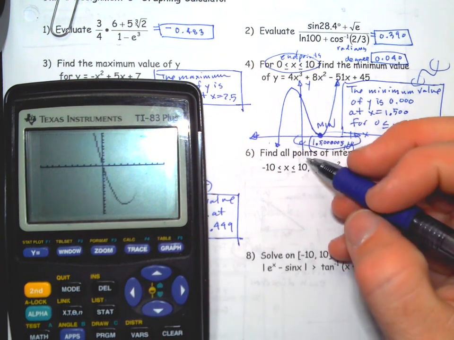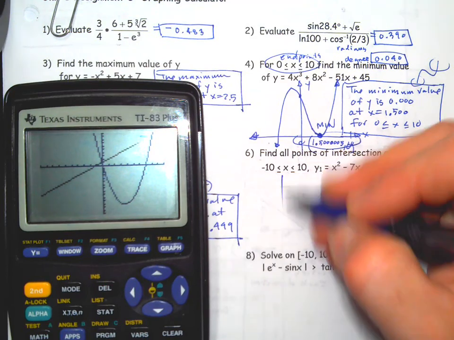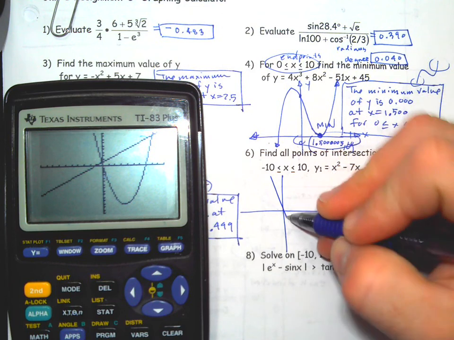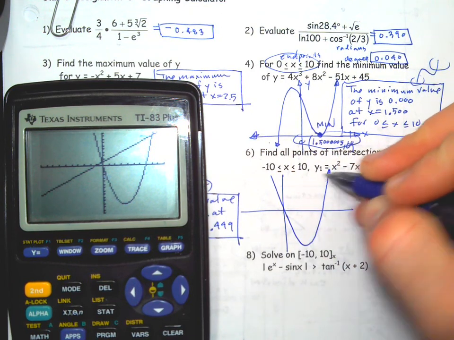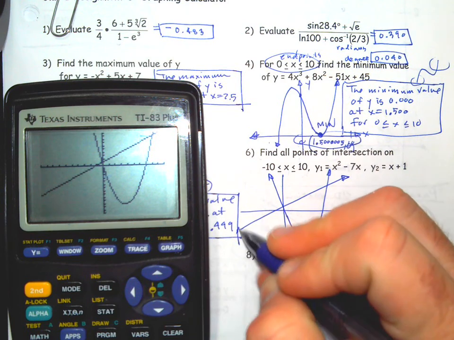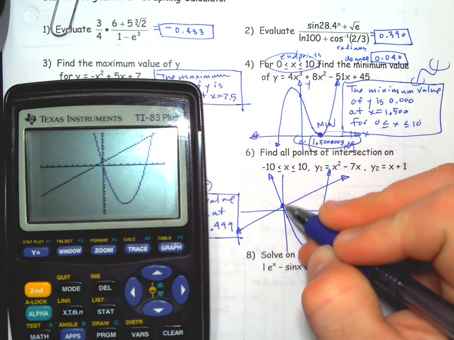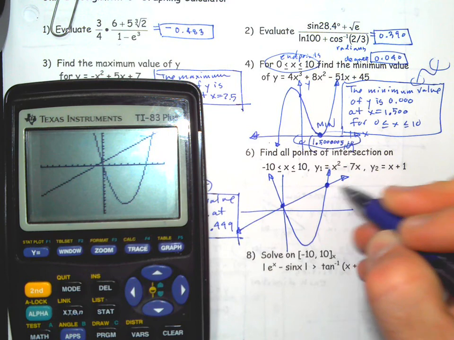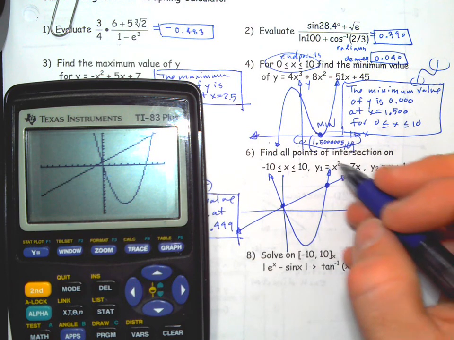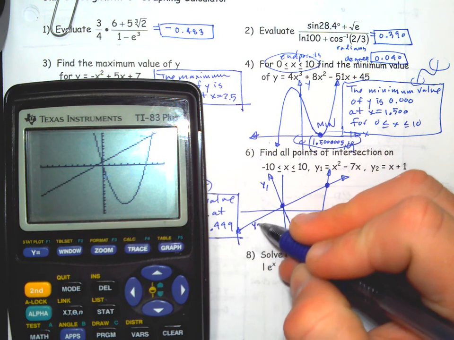So let's draw a sketch. And you have a parabola. And you have a line. And so we should get two intersections here and here. So let's use a calculator.